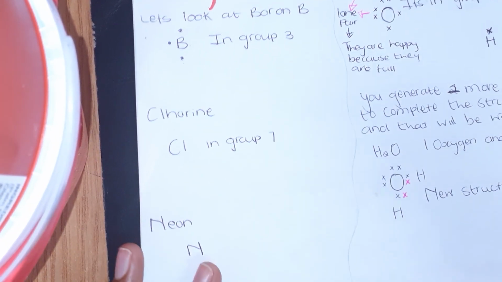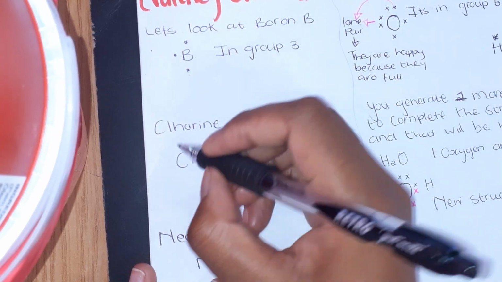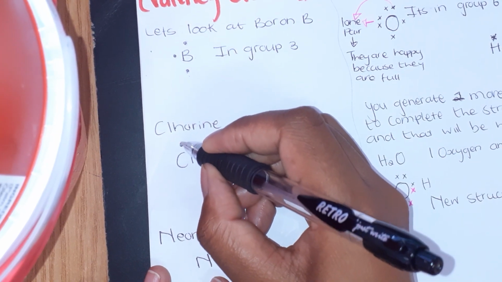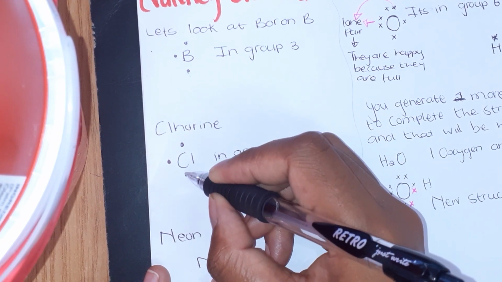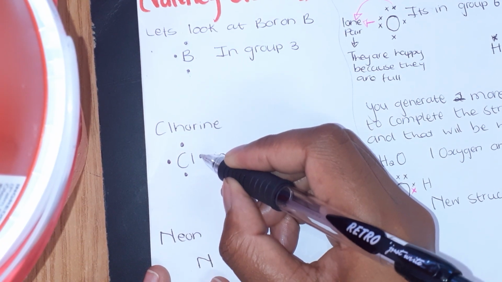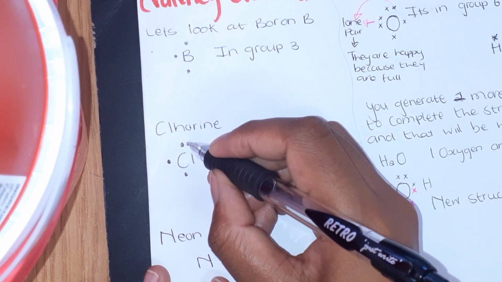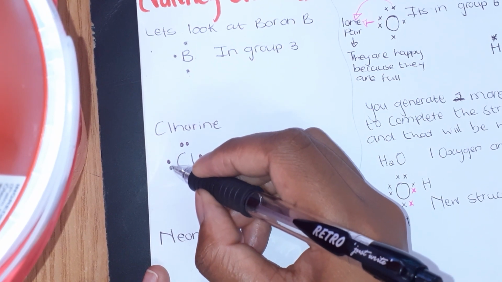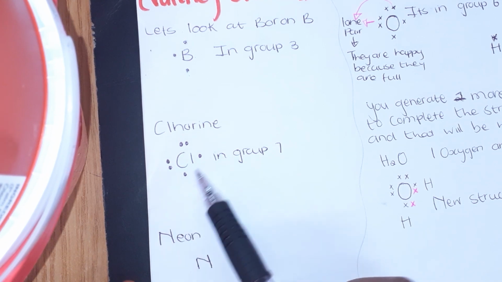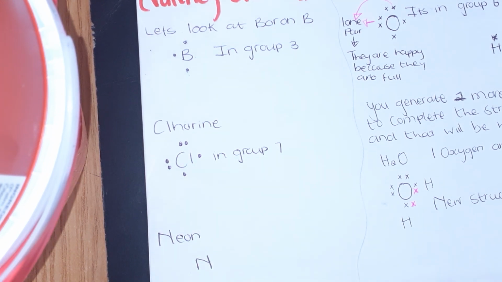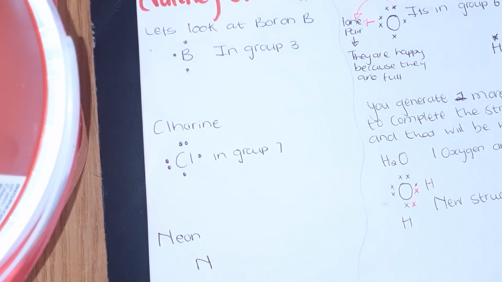Chlorine is in group 7. So we'll start here, 1, 2, 3, 4, we still can add more, 5, and 6. You see, those are the valency electrons of chlorine. It's a Lewis diagram of chlorine.